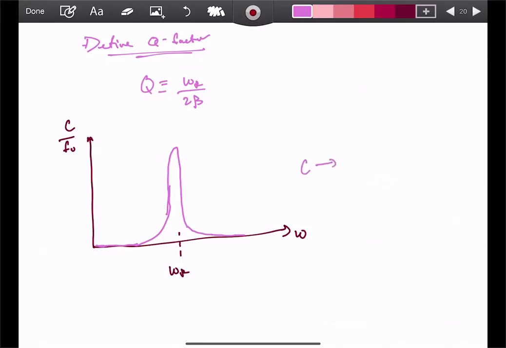C is equal to my amplitude, so C is going to become its maximum at omega equal to omega r. Once the driving frequency matches what's known as the resonance frequency, this thing is going to blow up to be huge. This is when the amplitude of oscillation becomes a maximum.